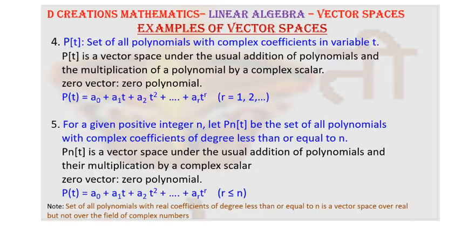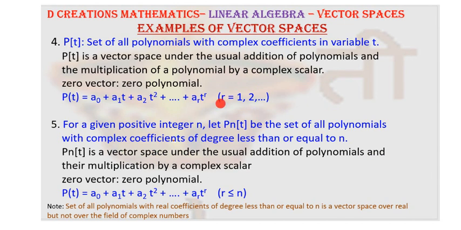Now moving on, when we talk about polynomial space, imagine that there is a set where the usual addition of polynomials and multiplication of a polynomial by a complex scalar is defined. Now imagine this kind of a polynomial.